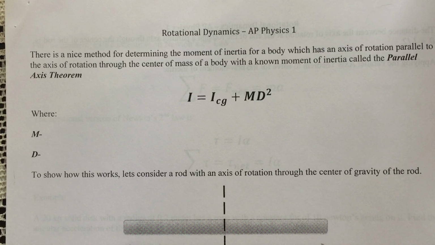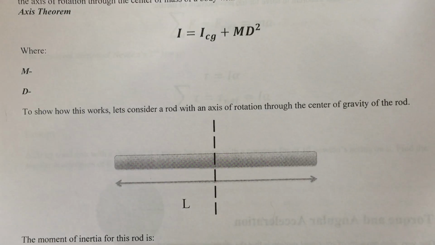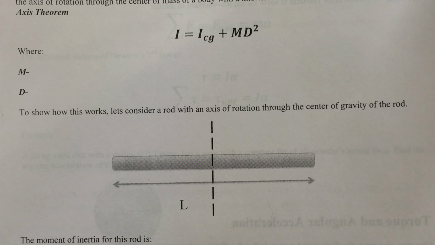But those moments of inertia are all for if the axis of rotation goes through the center of gravity of the object. Now, what about if the axis of rotation is off from that? If it's not going through the center of gravity for that object? Well, we can find the moment of inertia by using something called the parallel axis theorem.